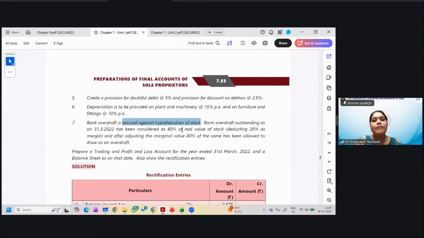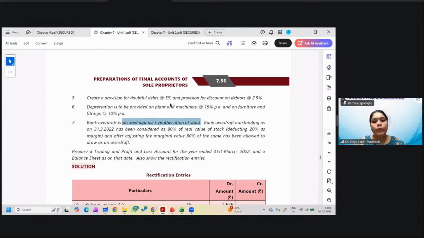So I'll tell them that this is the value of my closing stock, and this will be hypothecated with your bank. So I will need some extra amount to be withdrawn. Bank overdraft means you don't have balance in your bank, but still want to withdraw. So for that kind of transaction, the bank will ask for some security or hypothecation, right? When people are taking a loan, they hypothecate something or give something as a security. So here we have given our stock as a hypothecation, correct?